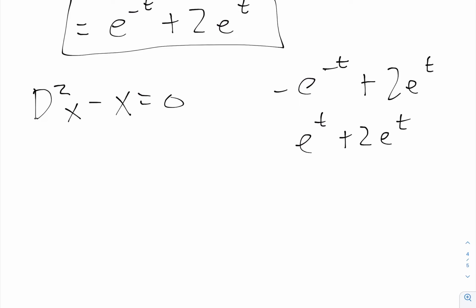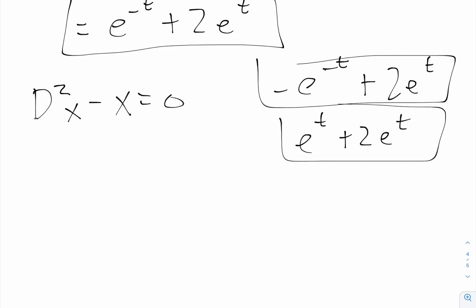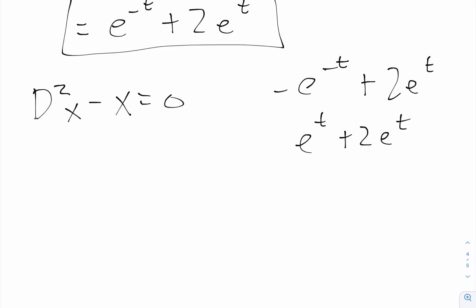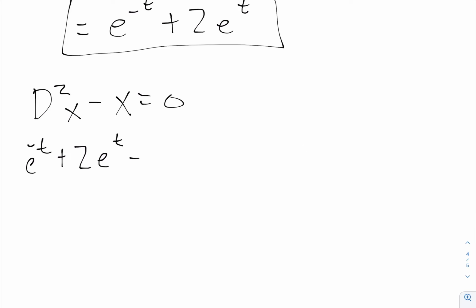So this is your first derivative, and this is your second derivative. This bottom one here is d squared x, so we're going to write e to the negative t plus 2e to the t, and then we're going to go minus our function itself, x, which is the same thing. So it's minus e to the negative t plus 2e to the t.